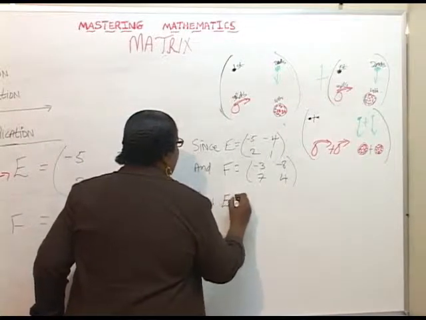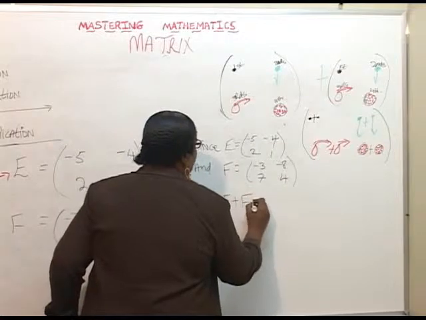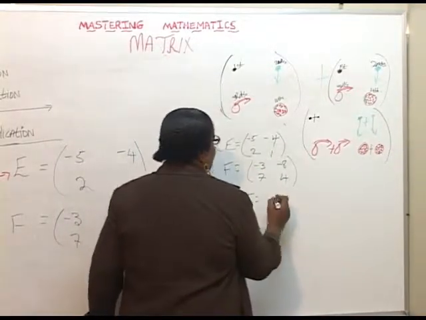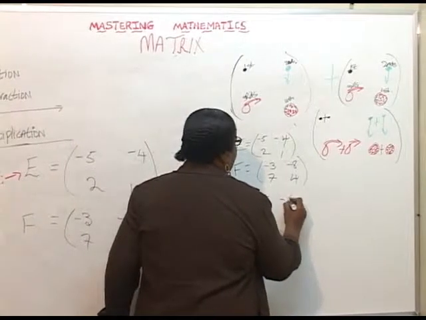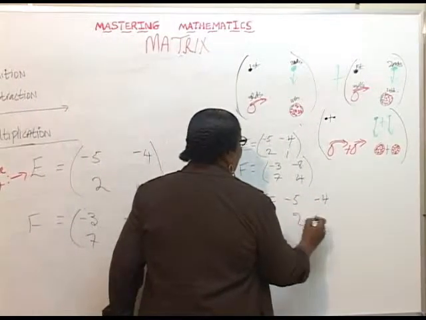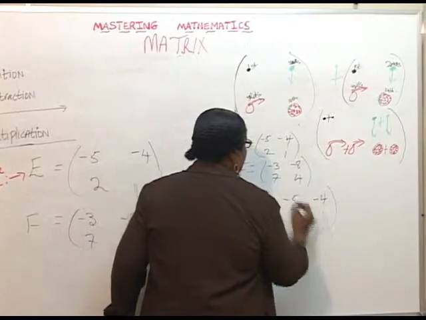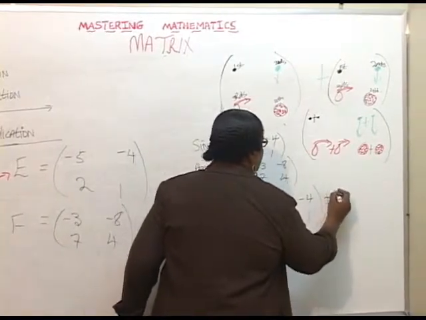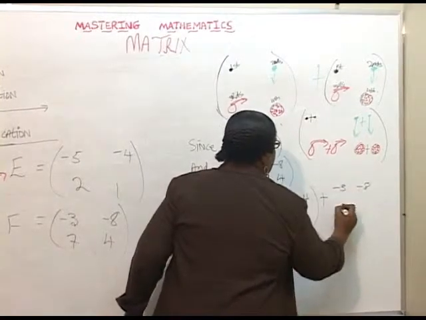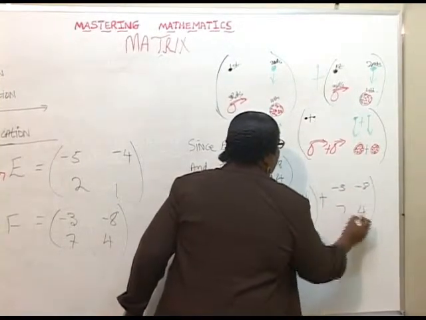Then E plus F would be equal to the matrix -5, -4, 2, 1, plus the matrix -3, -8, 7, 4.